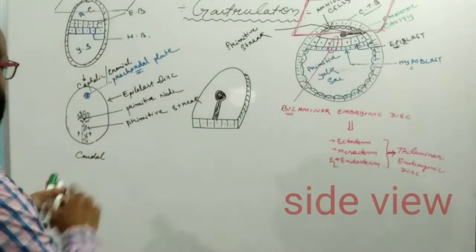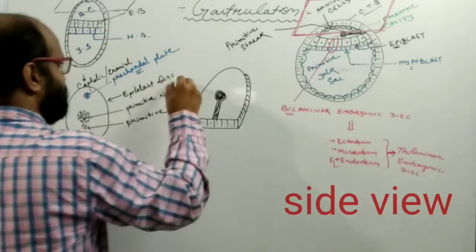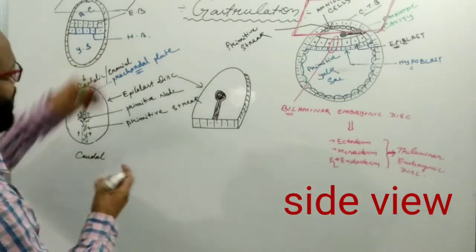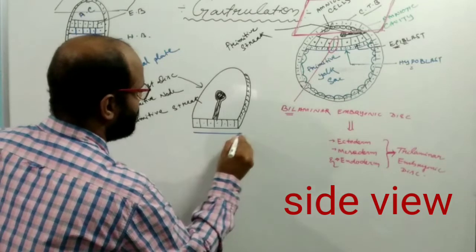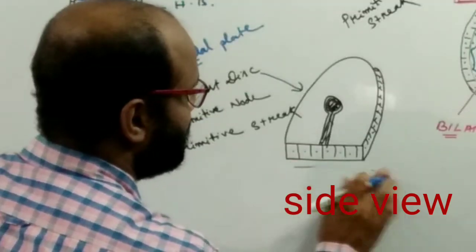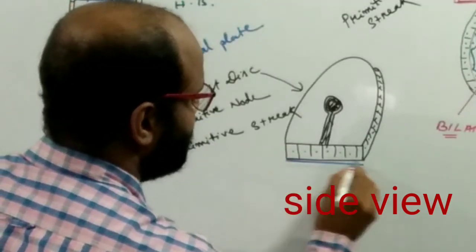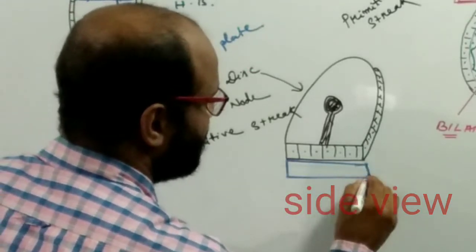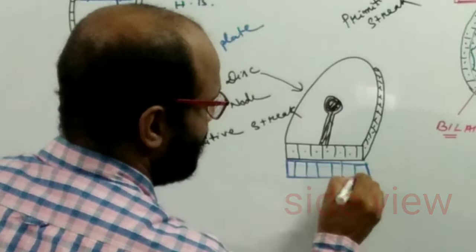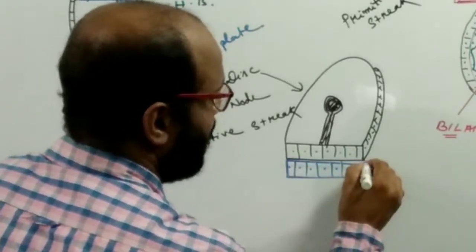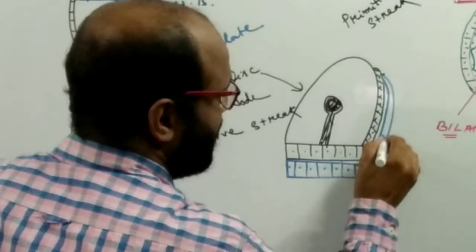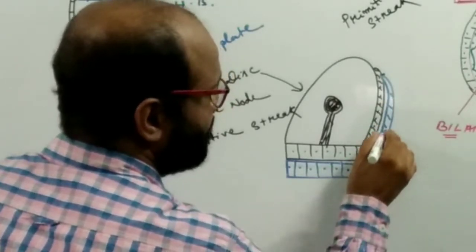Below the epiblast disc there is the hypoblast disc. Suppose this is the hypoblast disc, and these are the hypoblast cells.